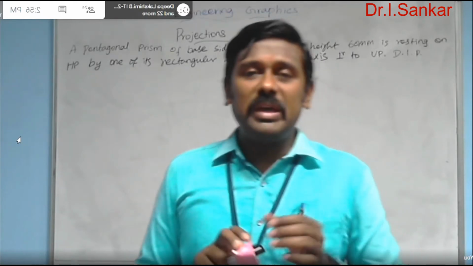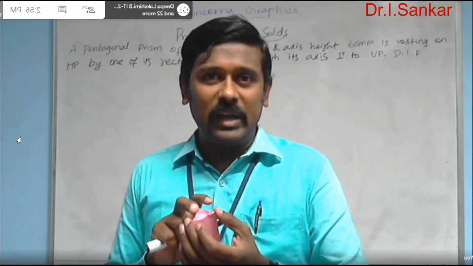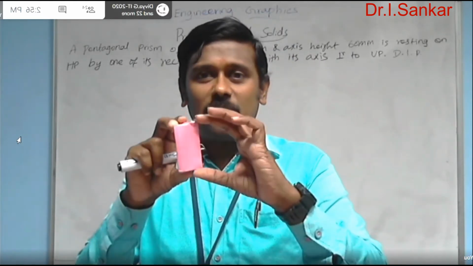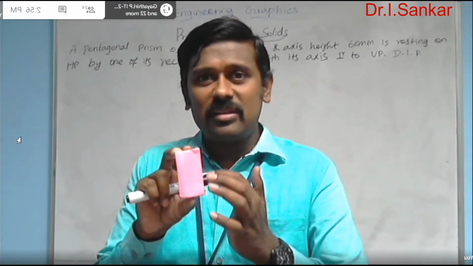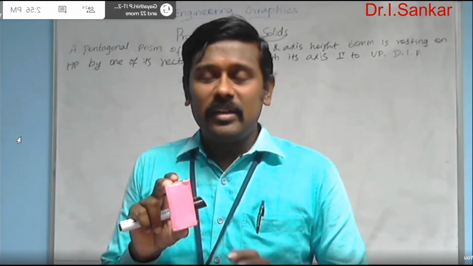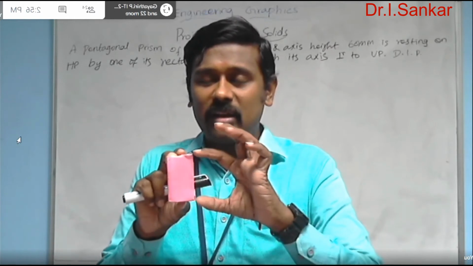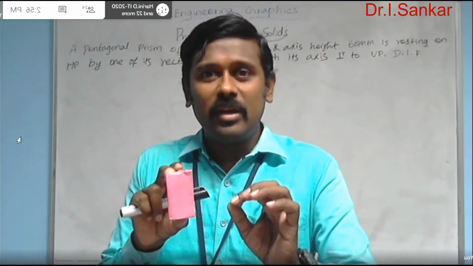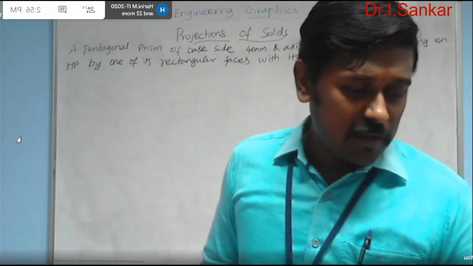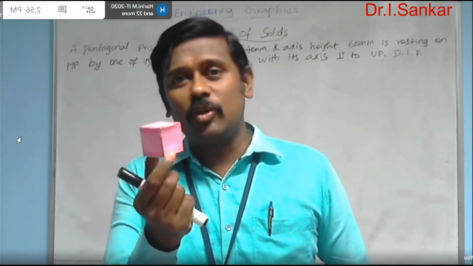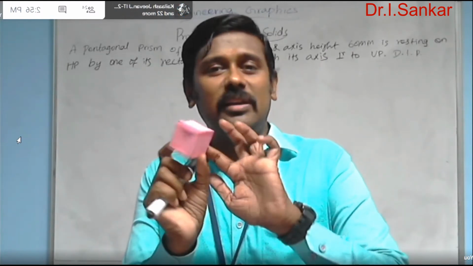Until the base side length of the polygon and the height of the polygon are equal, we can have the rectangular side face only. If the base side of the polygon and the axis of the polygon are same, then you will get square as the side face. Okay, just imagine. And in the case of a cube, the side face is perfectly a square.